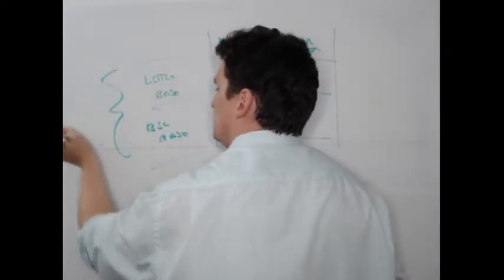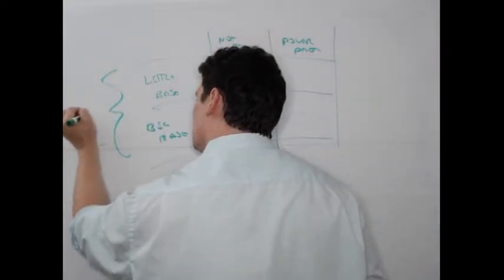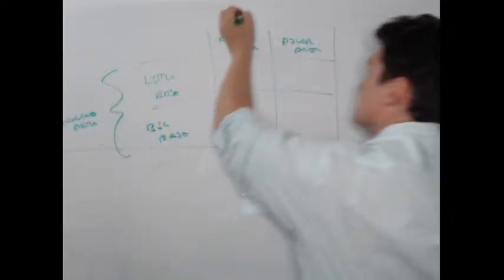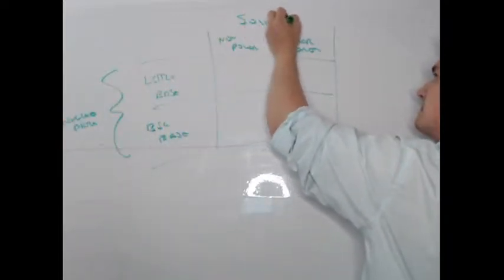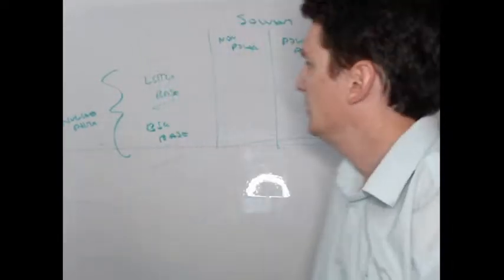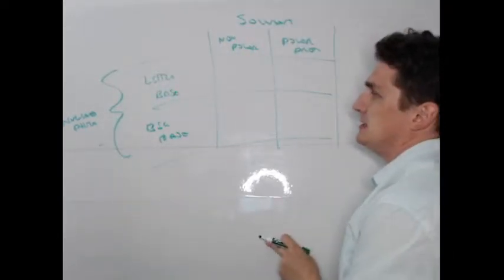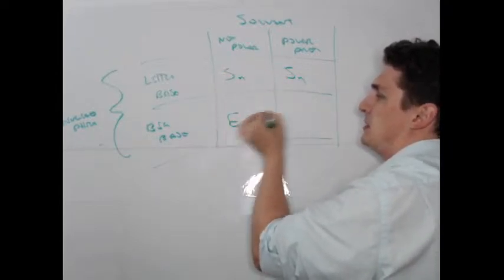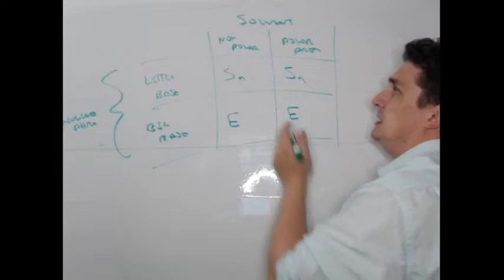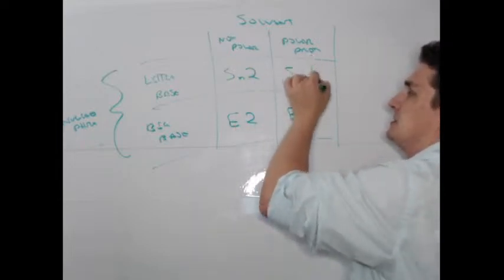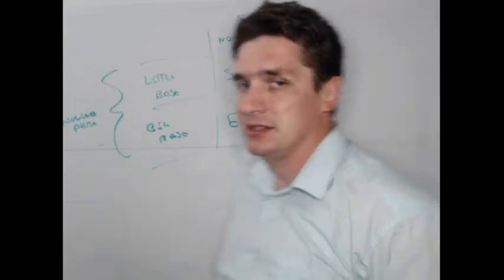So this is going to be your nucleophile. And this is going to be your solvent. If it's a little base, it's probably going to do substitution. If it's a big base, it's probably going to do elimination. If it's a nonpolar solvent, it's probably going to be a bimolecular mechanism. If it's a polar protic solvent, it's probably going to be a unimolecular mechanism.